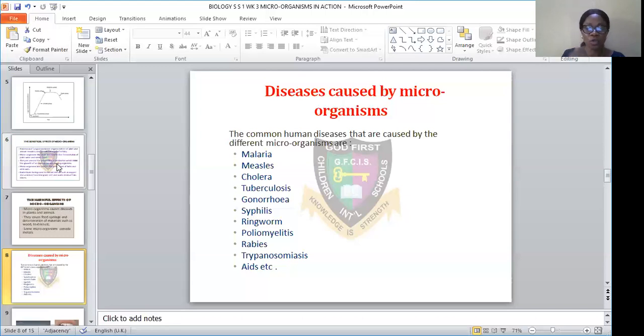So once someone is bitten, the next thing for you to do is quickly visit a hospital where a vaccine can be given to you and immediate action can be taken. And that dog must be killed or vaccinated too.